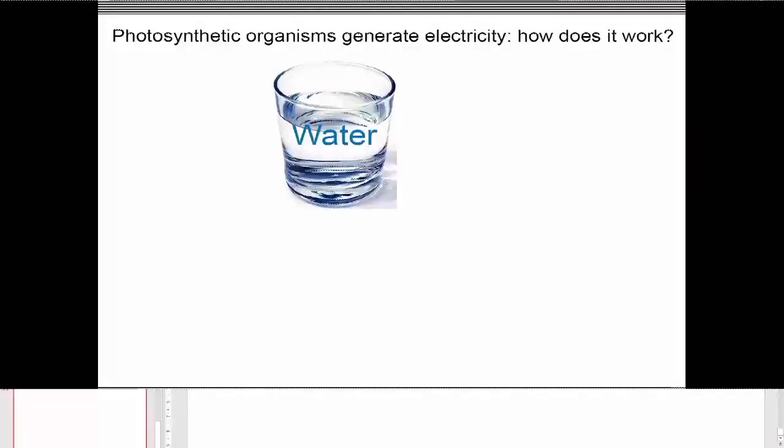To do that, I will start with something common to everyone: water. The molecular formula of water is quite common, H2O. And H2O tells us what water is made of.